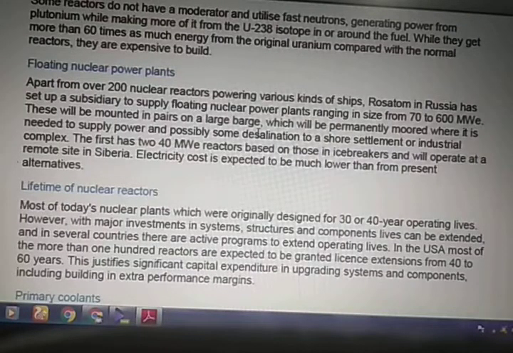The lifetime of a nuclear reactor is more or less in the range of 30 to 40 years of operating life. The cost of producing electricity through a nuclear power station is much less than hydro projects and coal-based thermal power projects. Once it is set up, there is no need to invest much more money to produce electricity.